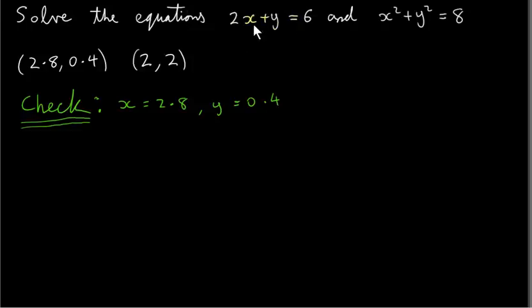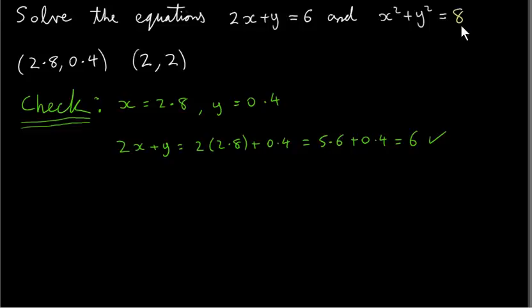I'll start by plugging them into this equation here. 2x plus y is 2 times 2.8 plus y, which is 0.4. Hopefully this will work out to 6. 2 times 2.8 is 5.6. 5.6 plus 0.4 is indeed 6.